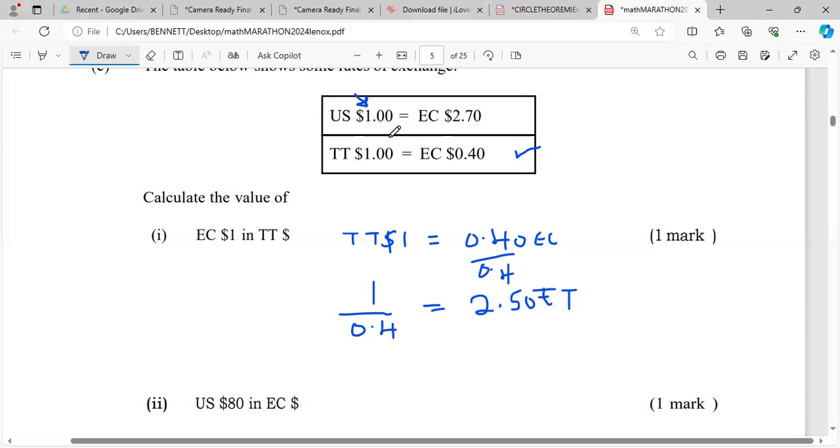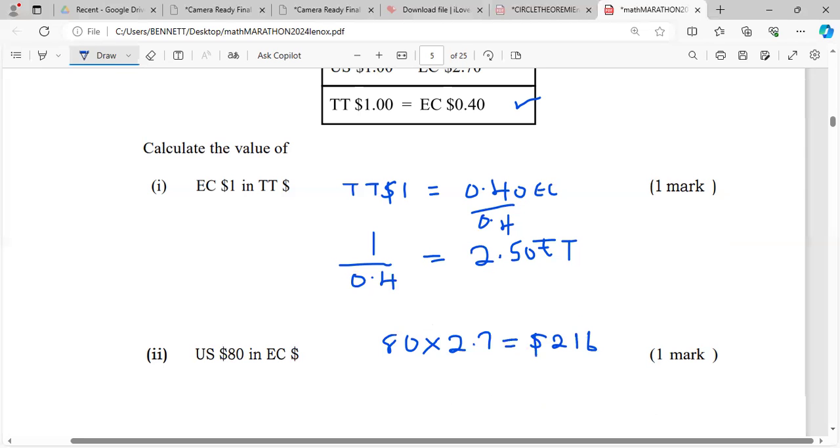So if you have 2 US, you'll get about $5.40 and so on. So we just multiply: 80 times 2.70. Based on what you guys gave me, it will be 216, and that will give you 1 mark.